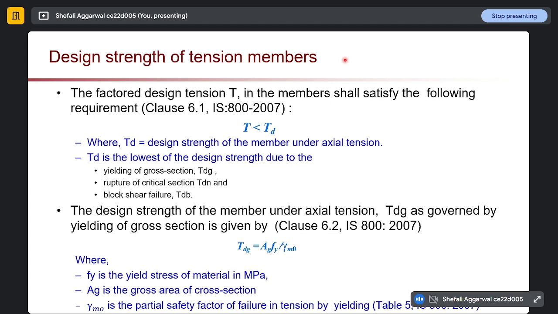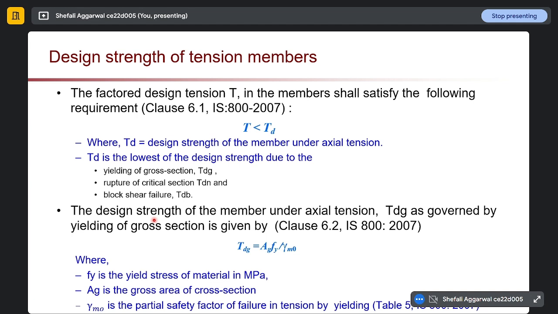And TD is the lowest of the design strength due to yielding of cross-sectional area, rupture of critical section and block shear. Out of these three, whichever is the minimum, we will take that as the design strength of our member.